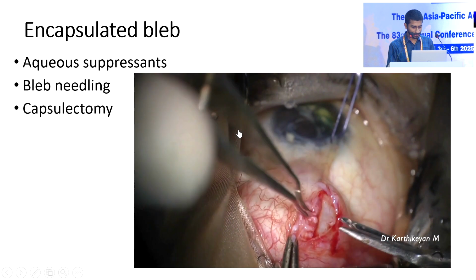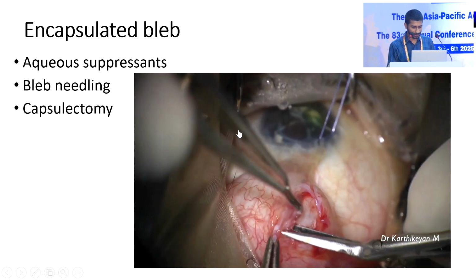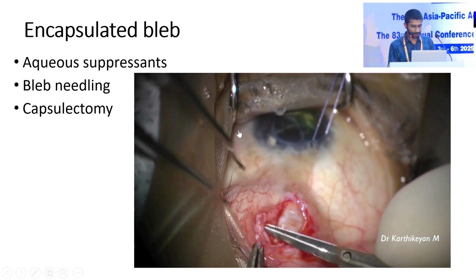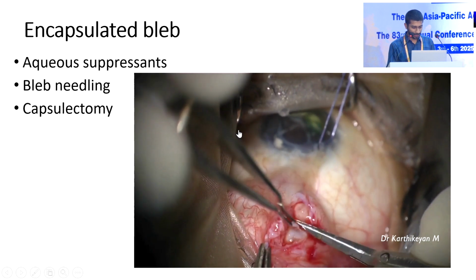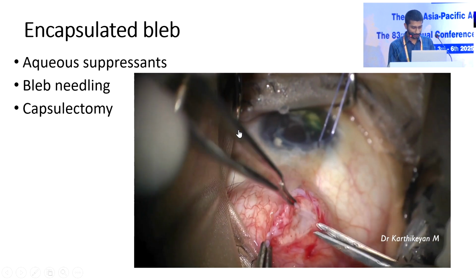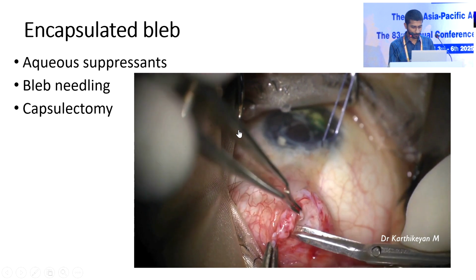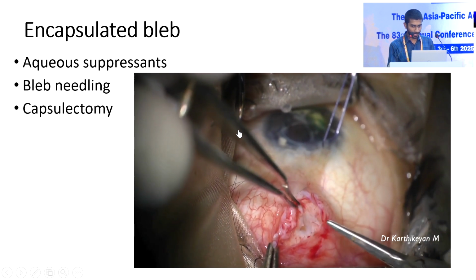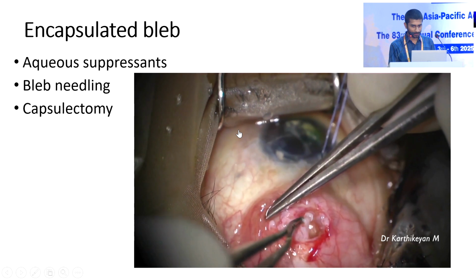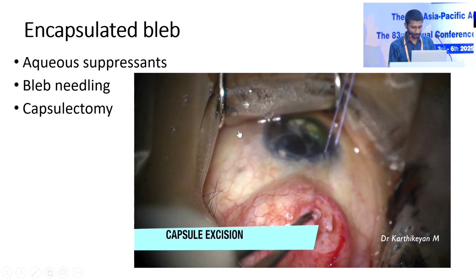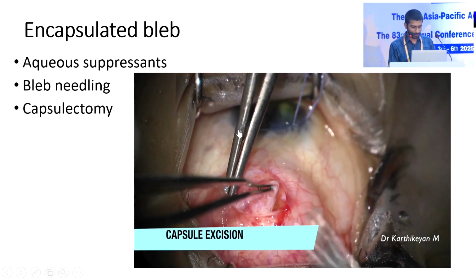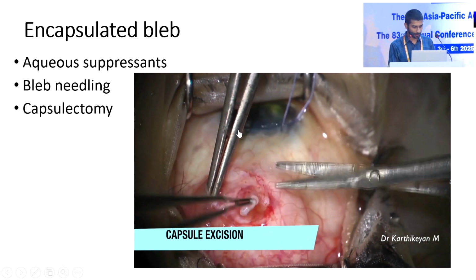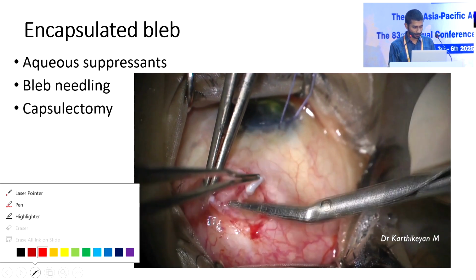Now we can see the pearly white capsule which has formed, which is preventing the aqueous from draining. As soon as we make a nick in the capsule, we can see a gush of fluid coming out, and the bleb height is reduced.